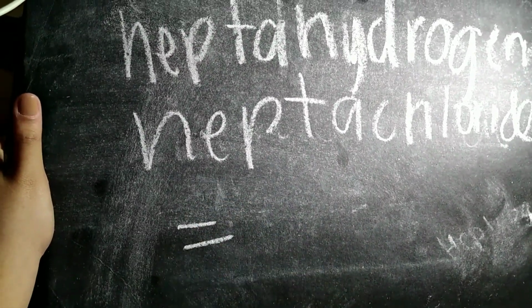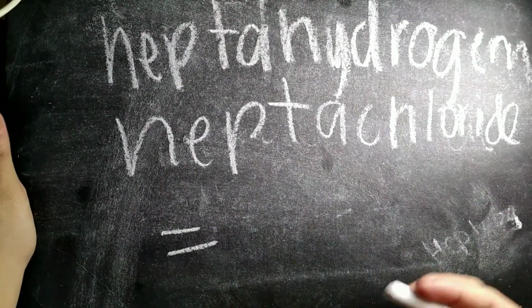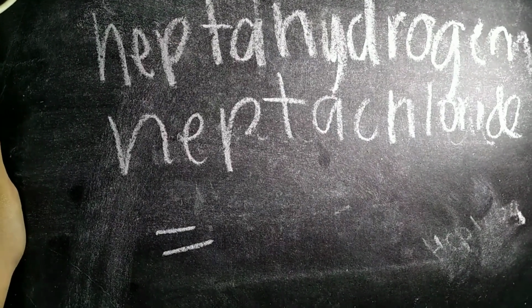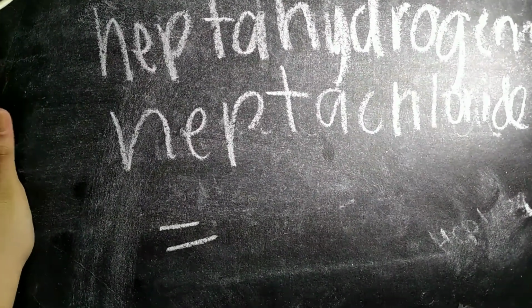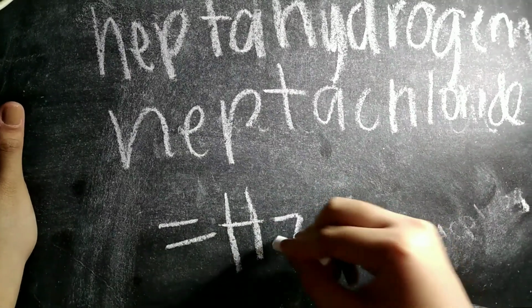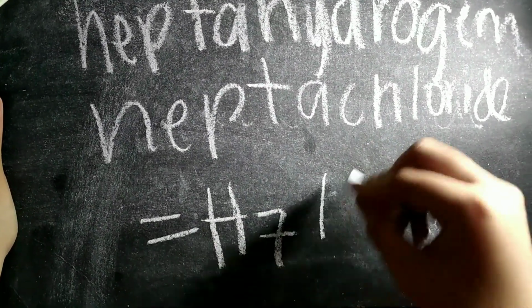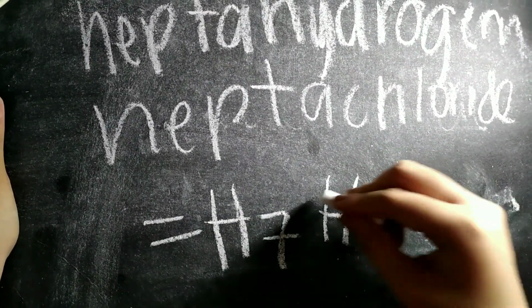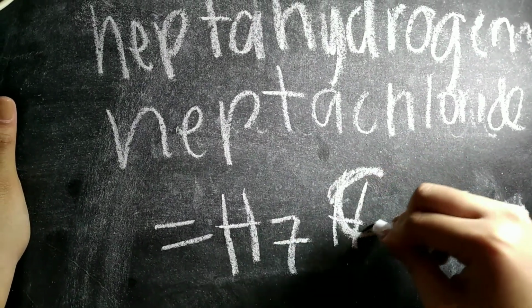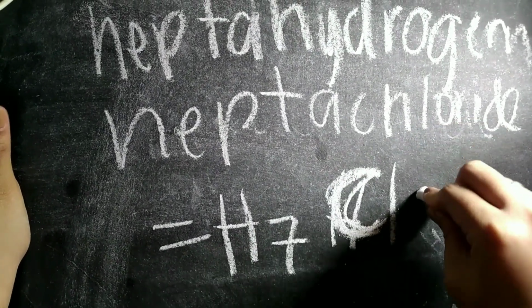The covalent formula of the heptahydrogen and heptachloride is H7 and CCl7.